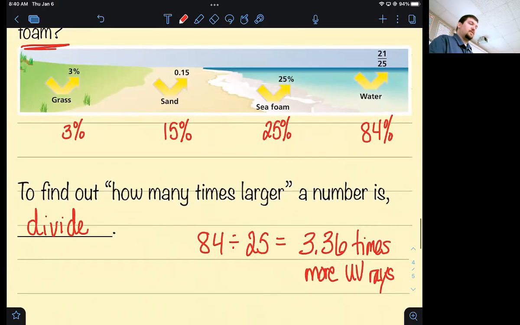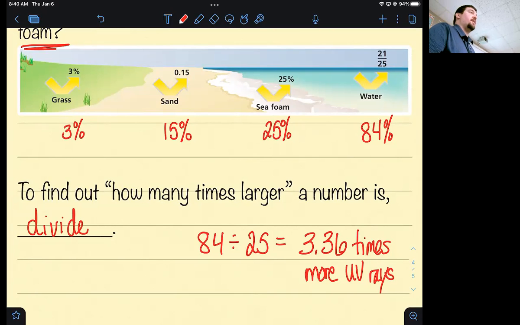The water is absorbing 3.36 times more UV rays than the seafoam is. Or did I say absorbing? Reflecting is what I meant to say. I'm not sure what I said. It's reflecting more. Grass absorbs the most, reflects the least. Water reflects the most and absorbs the least amount.